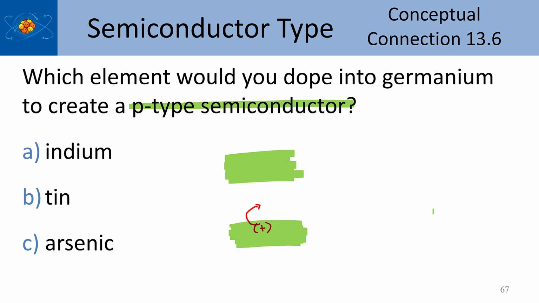So, hang on. We look at our periodic table. Oh, so I wanted to put here electron deficient. So we're looking at group 3A or 13.